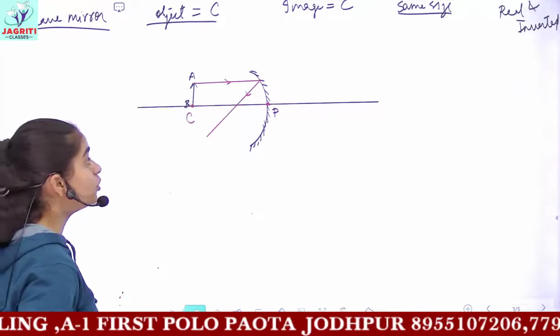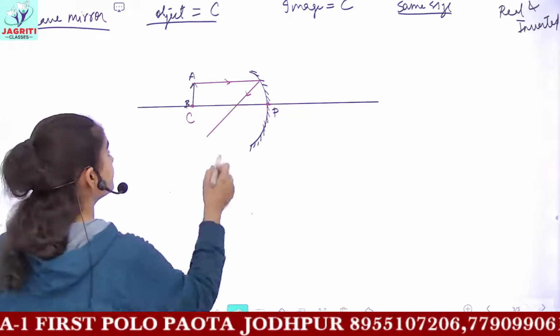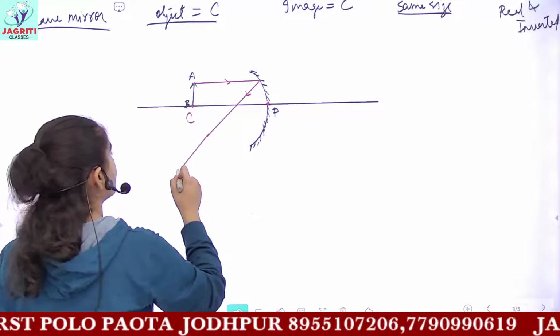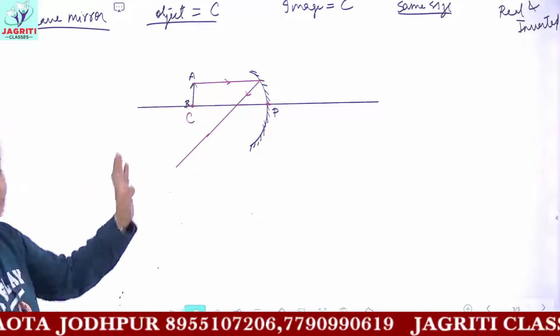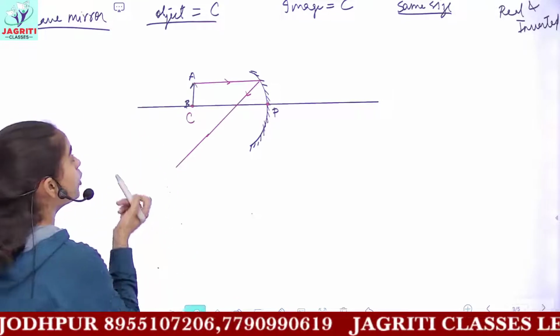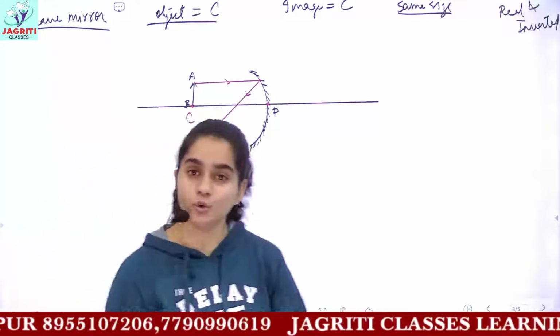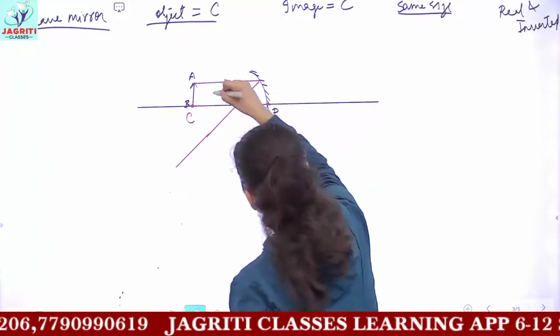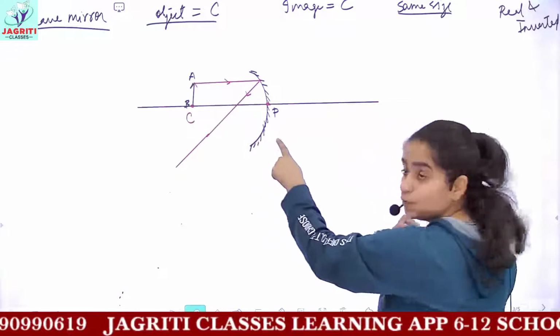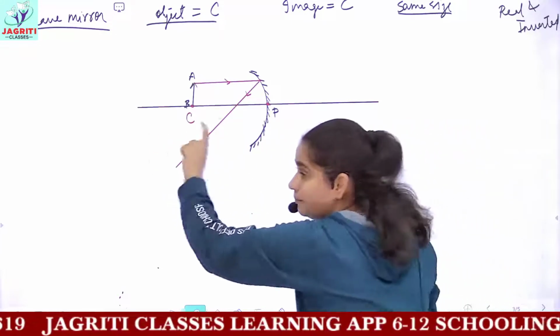Now you can also draw one more light ray. I'm just extending this light ray, okay? Now you can also draw one more light ray, and it could be what? Using any of the four rules. Like you can draw a light ray which is passing through the focus. After reflection, it would become parallel.